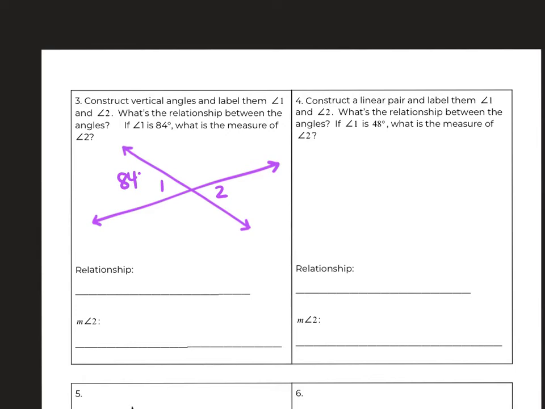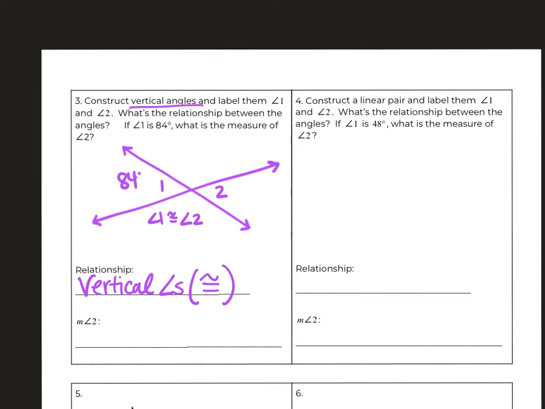All right, well, if they're vertical angles, that is my relationship down here that I need to tell. Vertical angles. And I also want you to put in parentheses when you're naming these what that means. So your answer should either be congruent, equal to 180, or equal to 90. So I know vertical angles are congruent. So then if I'm writing my equation, okay, well, angle 1 is congruent to angle 2.